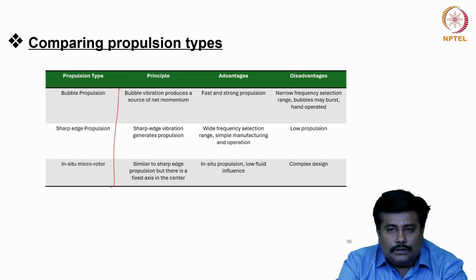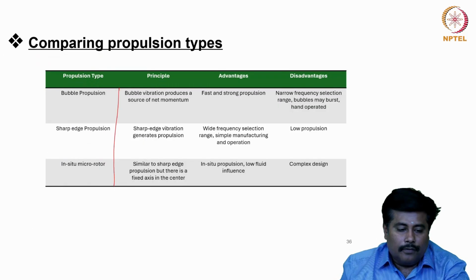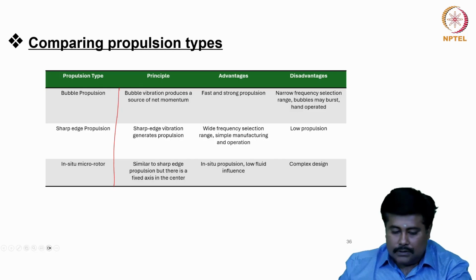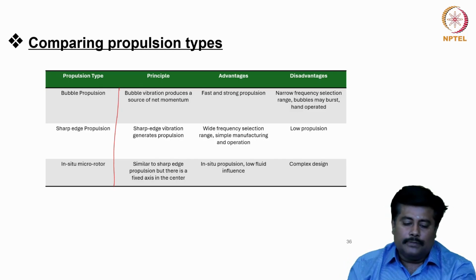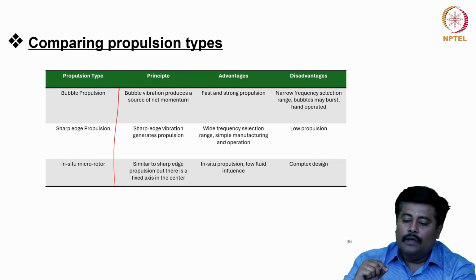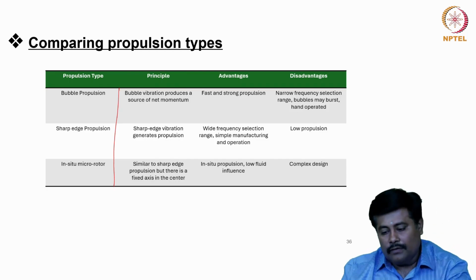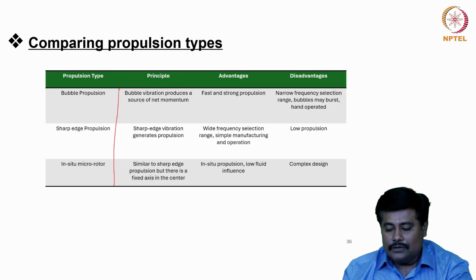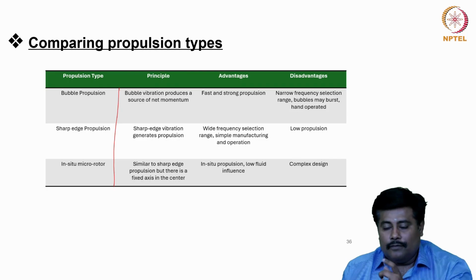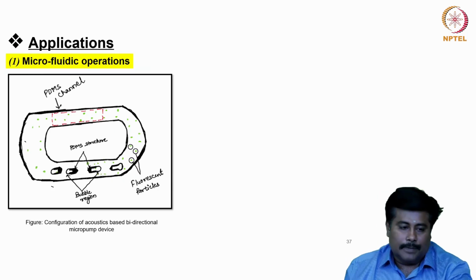Next, the in situ micromotor is also similar to sharp edge propulsion, but there is a fixed axis in the center. So there is an in situ propulsion and low fluid influence. With reference to disadvantages, it can create a complex design.